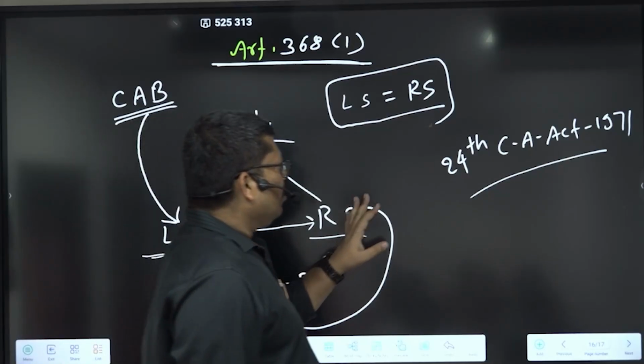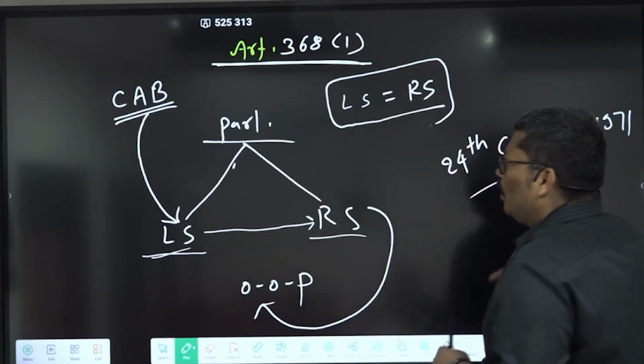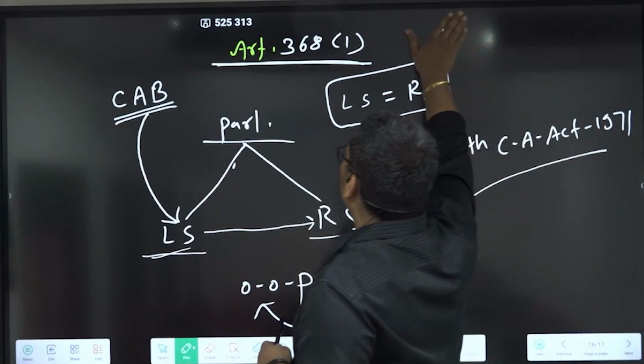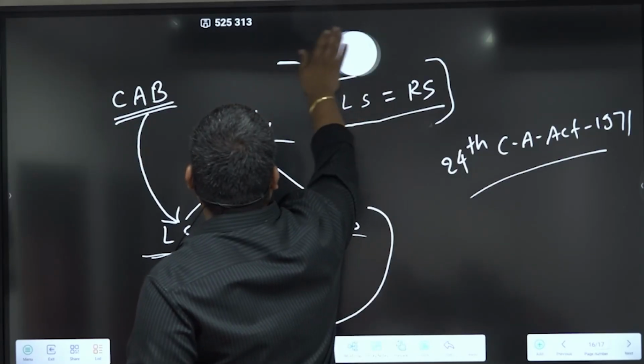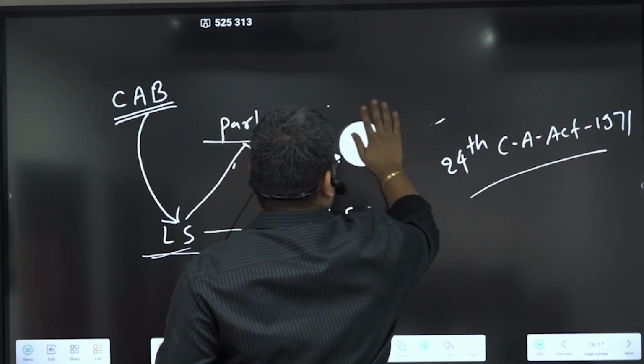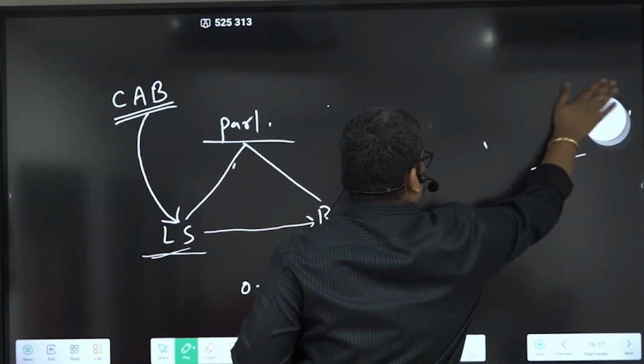Now, when it comes to more rigid provisions, the subject matter of more rigid provisions is Article 368 Clause 2.